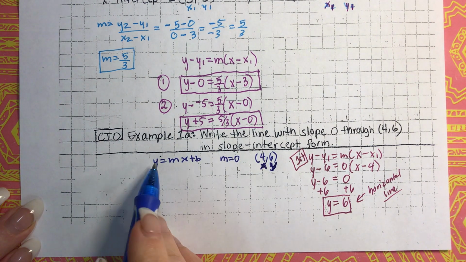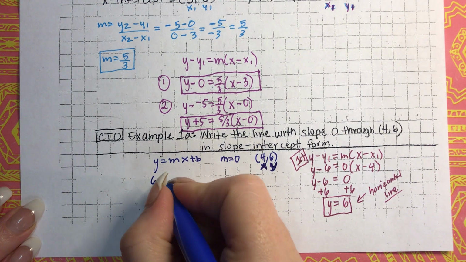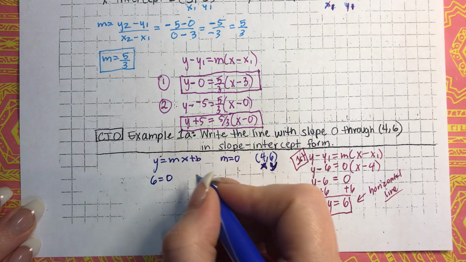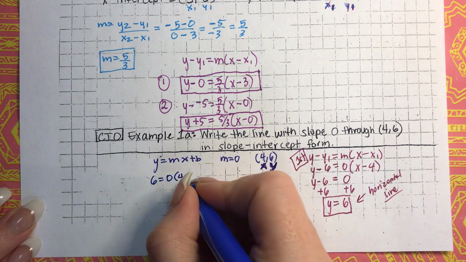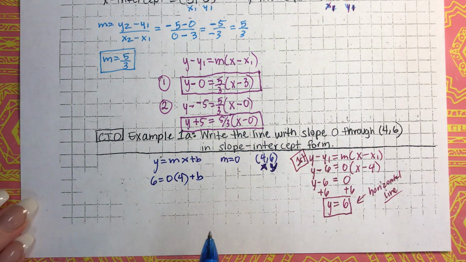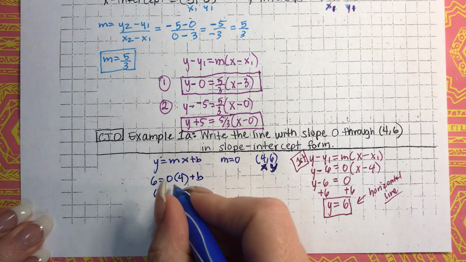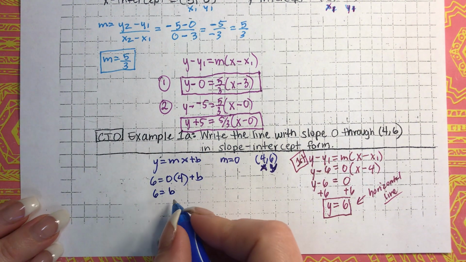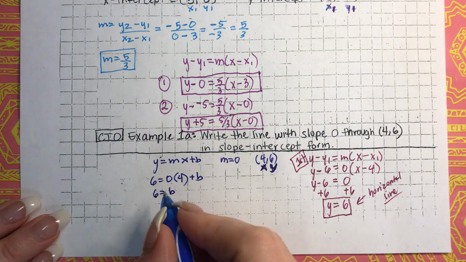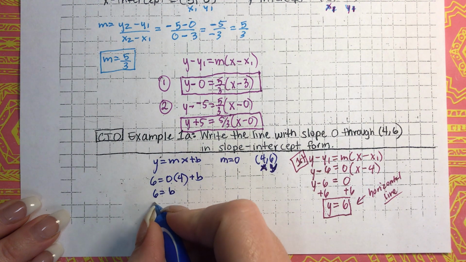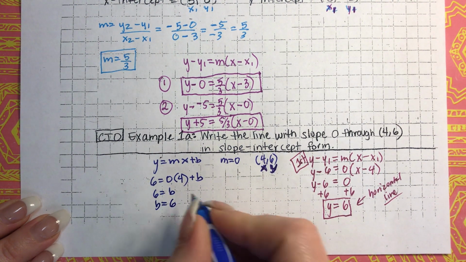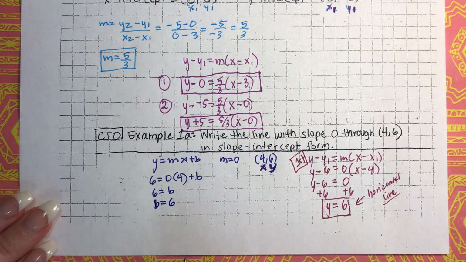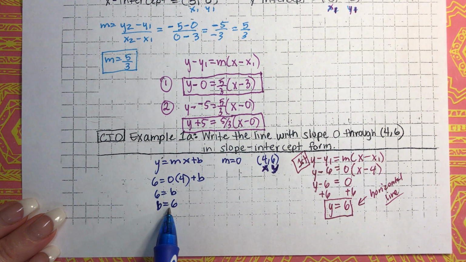So we stuck 6 in for y, 0 for the slope, and our x was 4, and we solved it for b. So 0 times 4 is 0, and that's it, right? So b equals 6, and then we use that symmetric property of equality.